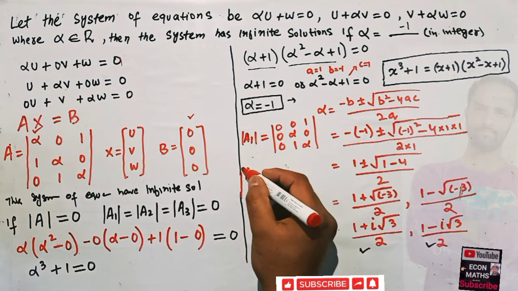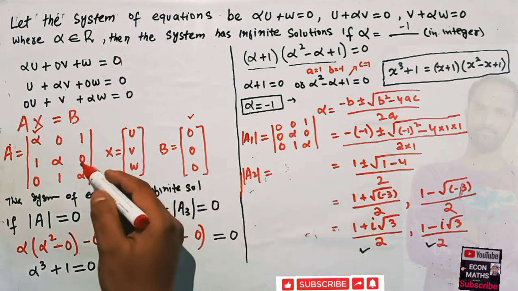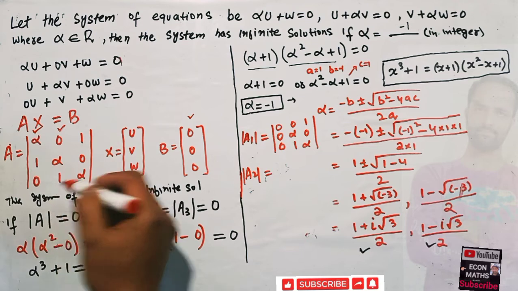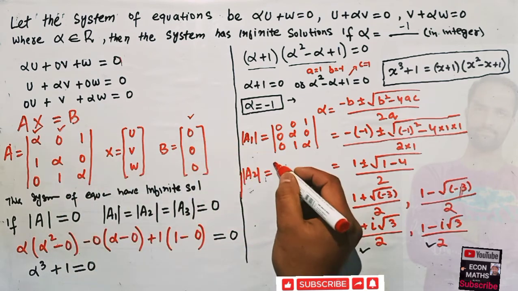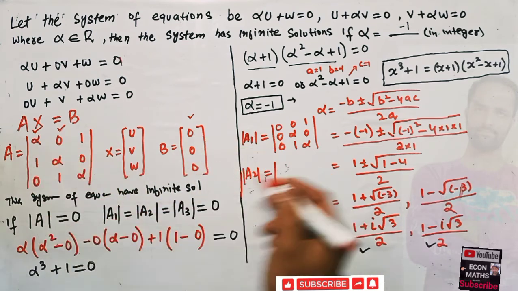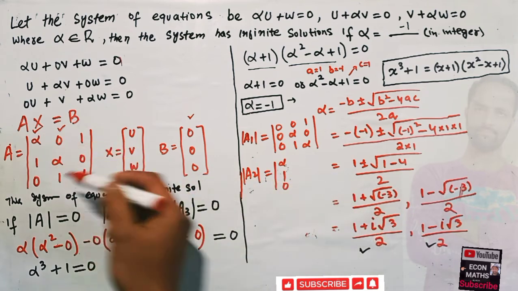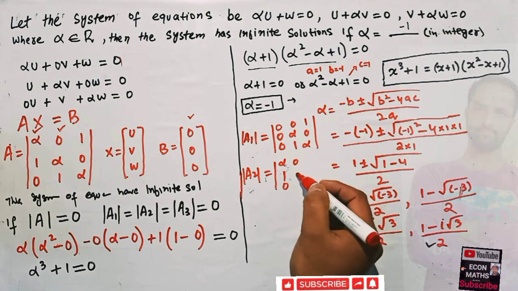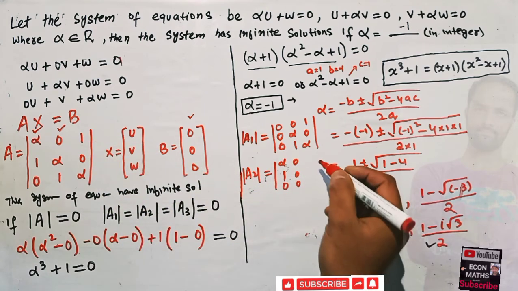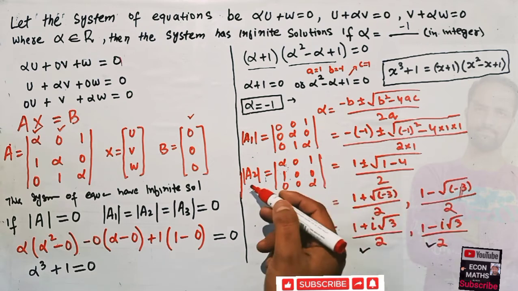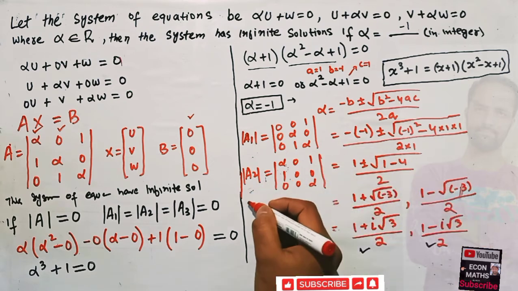Similarly, A2 is another special matrix which is formed by replacing the second column of this coefficient matrix with the vector of constant terms. So we have alpha 1 0 as is, in place of 0 alpha 1 we have 0 0 0, and this stuff remains the same, 1 0 alpha. Similarly, its determinant will also be equal to 0.